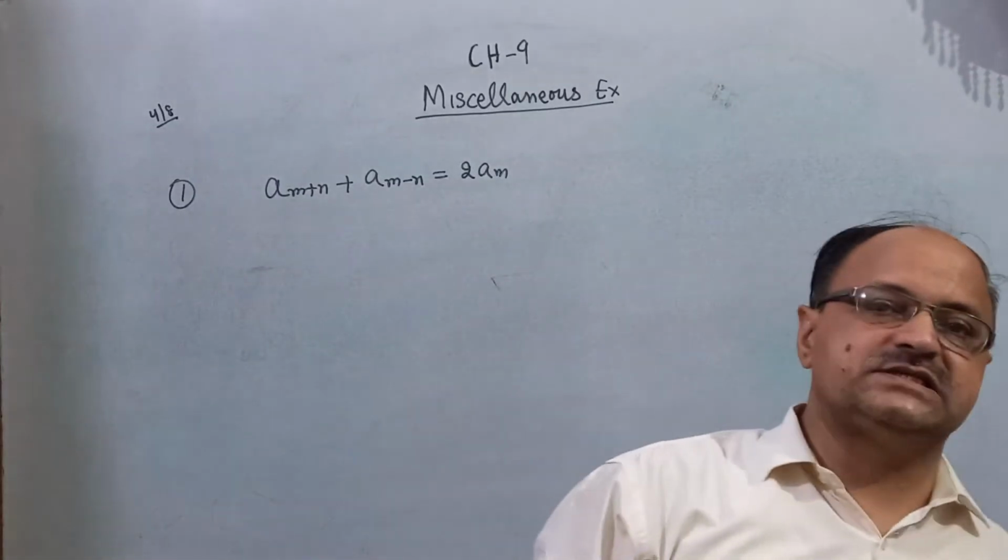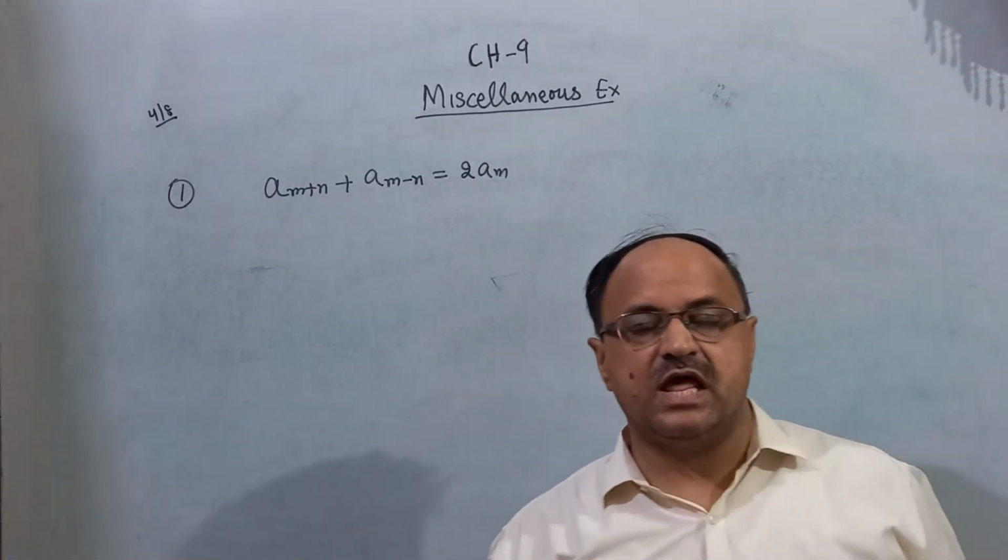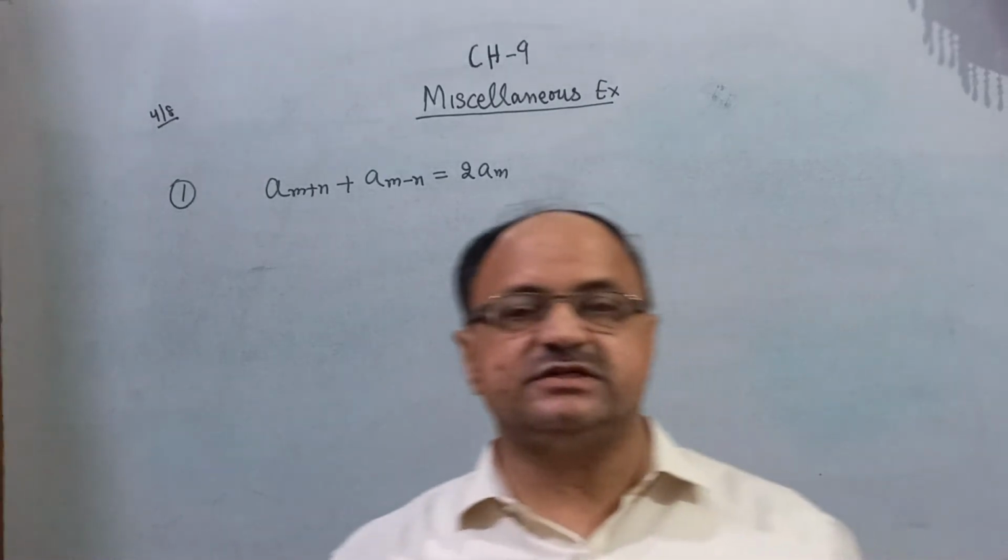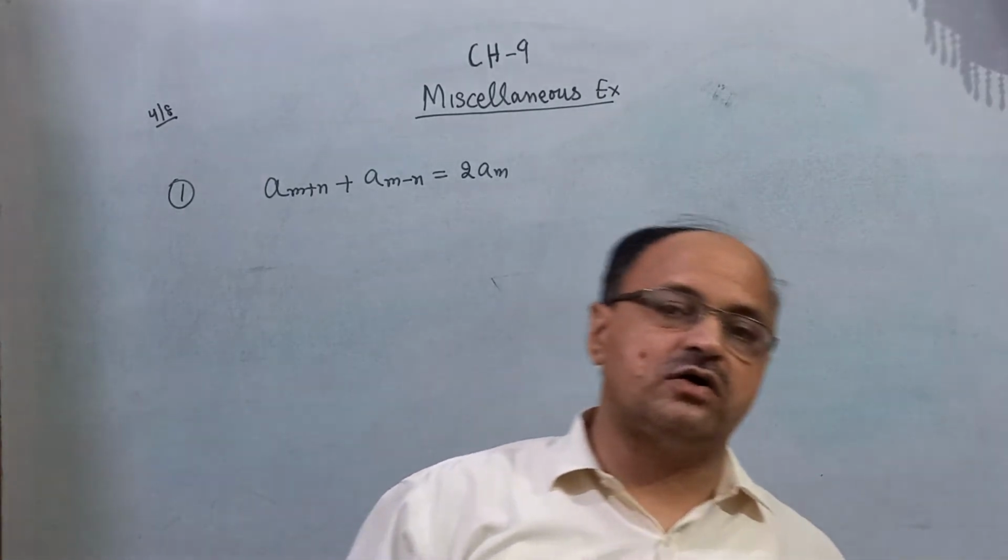So you want to prove that the sum of the (m+n)th term and the (m-n)th term is equal to twice the mth term.